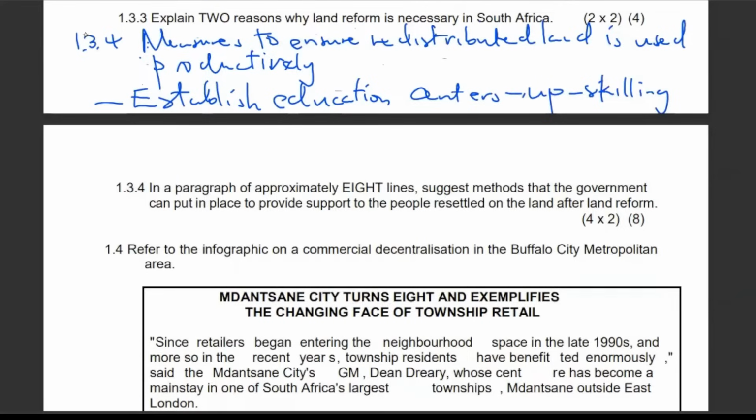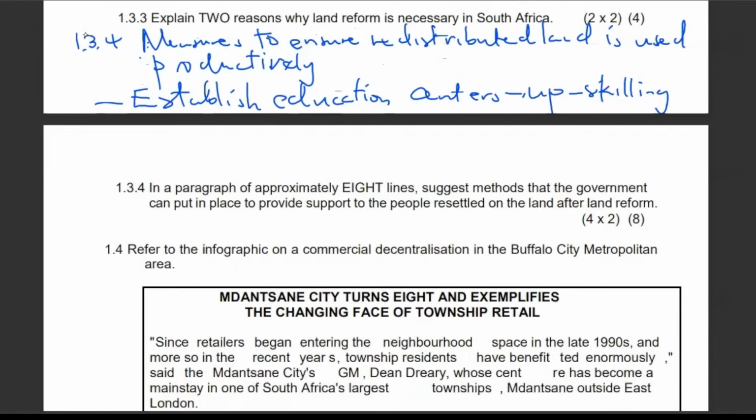whereby farmers are trained on different methods of farming and how to utilize the land effectively, such that the farmers have got relevant skills of how to use the land. Because in some instances, the farmers might be lacking some skills on how to utilize the land and they might lack the knowledge of how to utilize the land.